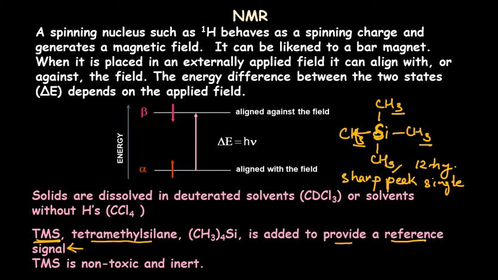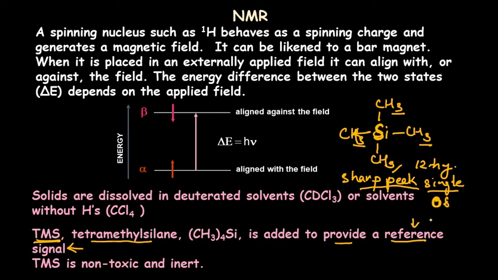Now we'll study in the later part of this video what we mean by the environment. But here we can understand that the 12 hydrogens together in the same environment are going to produce a very sharp and high signal, and that can be used as a reference, to which we will give the number 0 ppm.